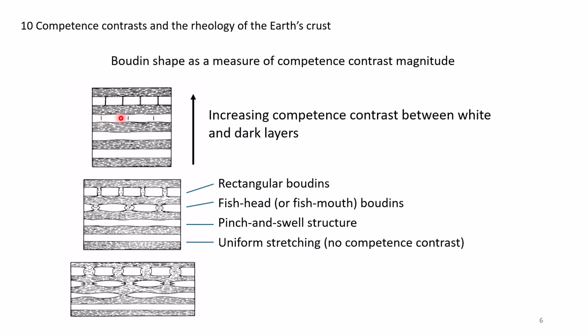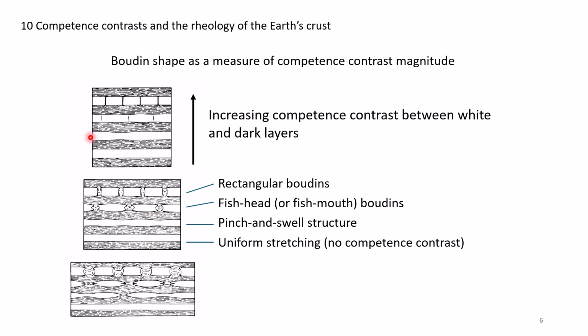Looking at the second layer here, we also see tensile fractures start to form, but the spacing of these tensile fractures is larger. Accordingly, the boudins are a little bit wider, and we see that here slightly different structures are forming. We see a very prominent fish head, or also called fish mouth geometry, in these boudins.